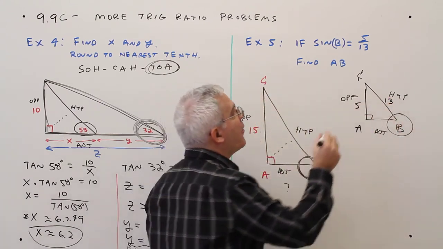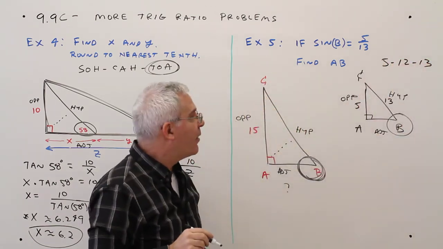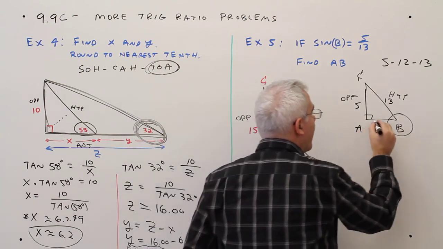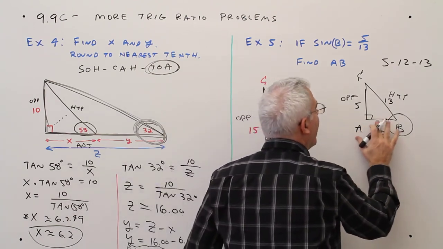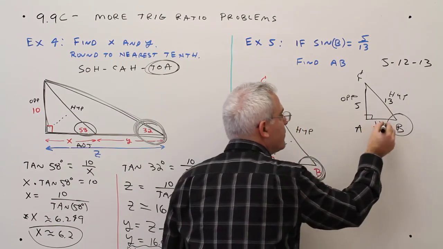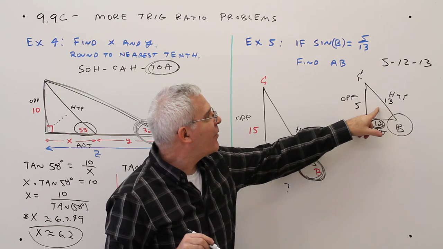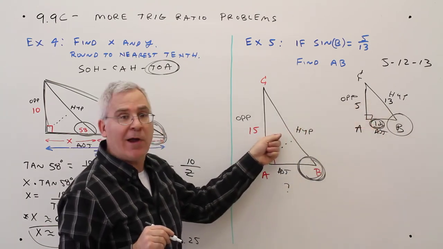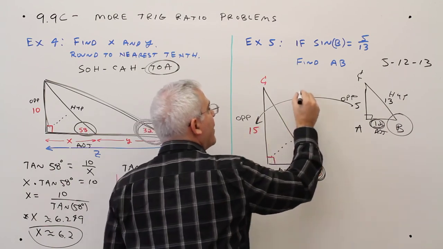Well, I happen to know the 5, 12, 13 Pythagorean triple, so in this small triangle over here, I've got a 13. I'm sorry, I've got a 12. All right, well, I don't care about this little triangle, I care about this big triangle. Ooh, how did I get from 5 to 15?